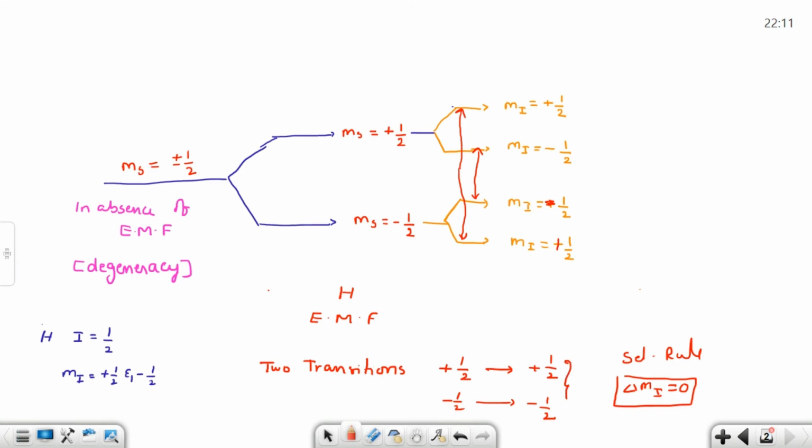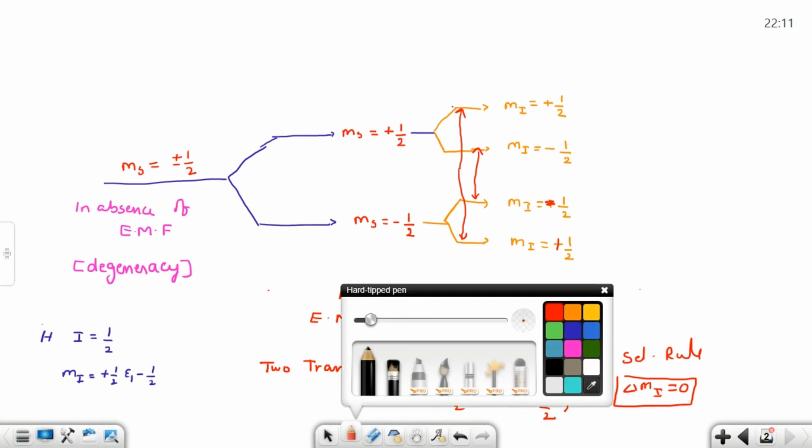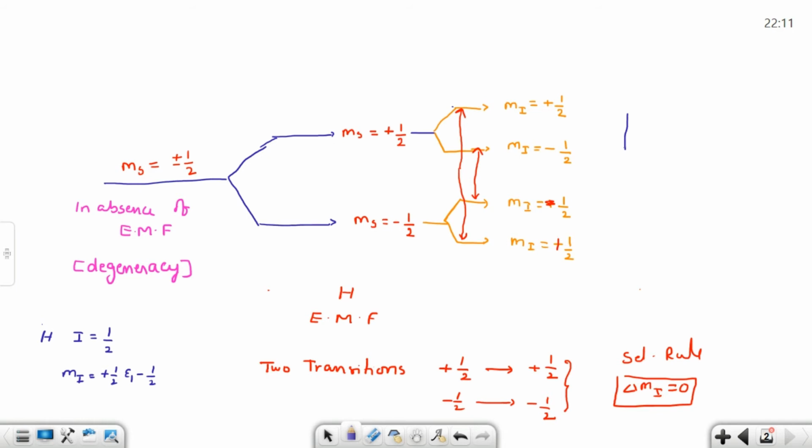So there are two possible transitions, and that's why in the ESR spectrum we observe two signals, a doublet.